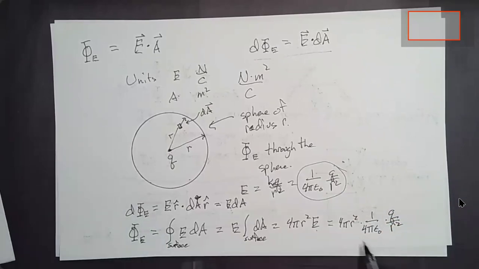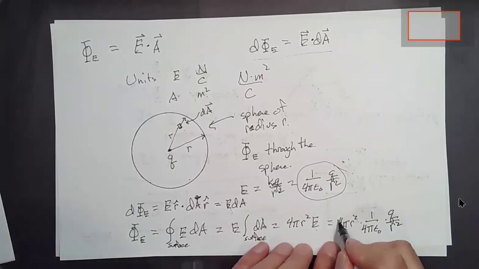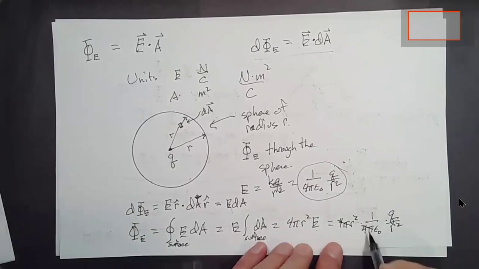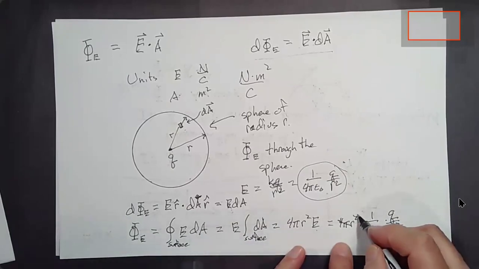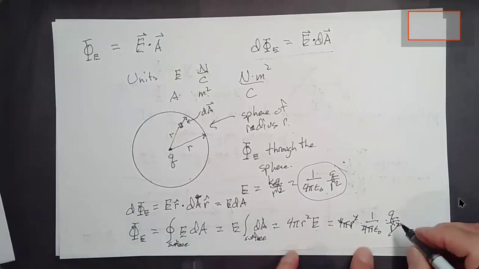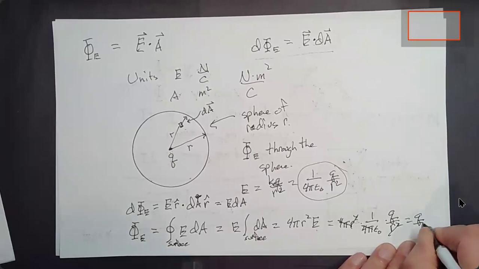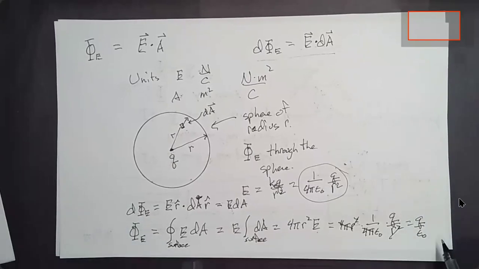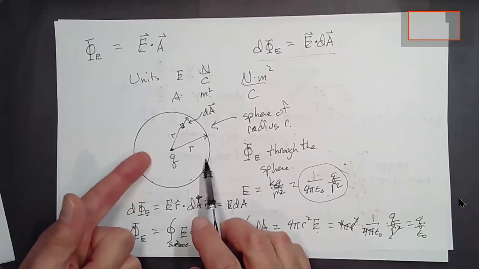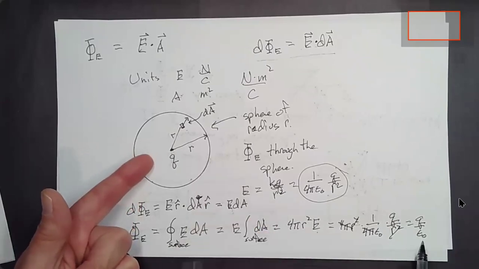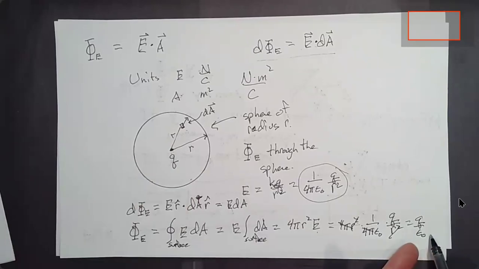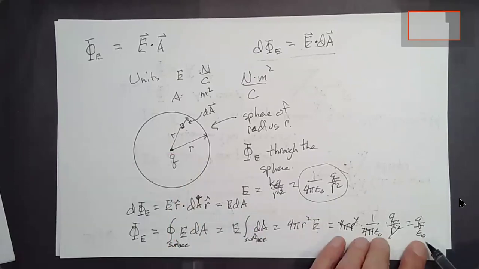And I've got a few things that drop out of this calculation, the 4π for one thing, the r² for one thing. And I get Q over ε₀. That's interesting. The flux of the electric field through this sphere is independent of the radius of the sphere. And it just equals the charge that's inside that thing divided by ε₀.